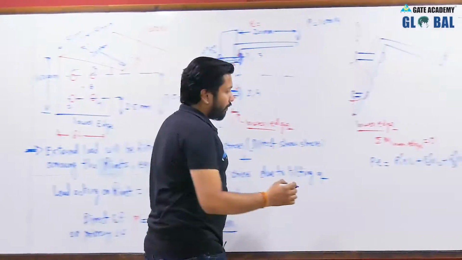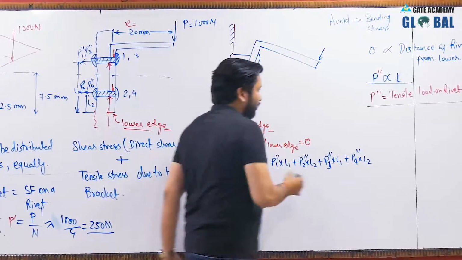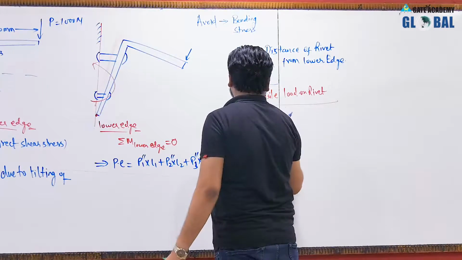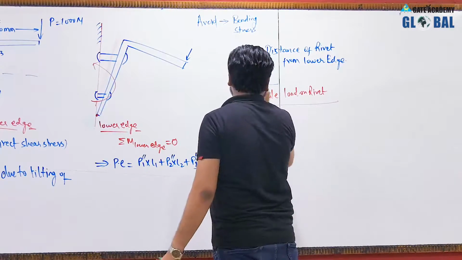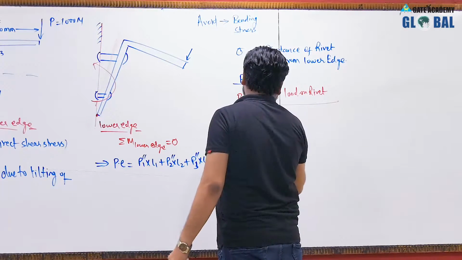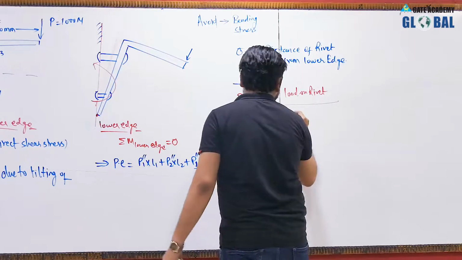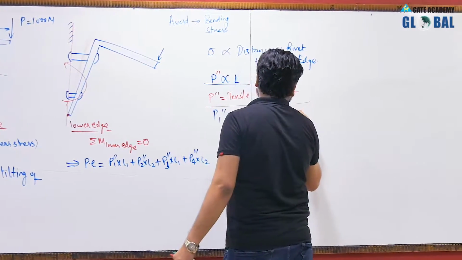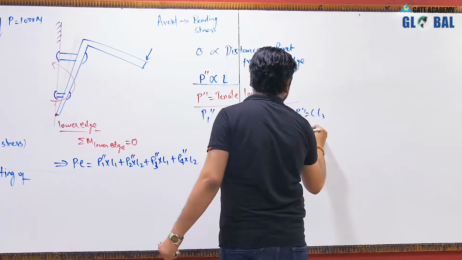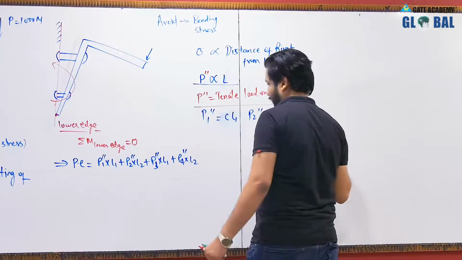P1 double dash is directly proportional to L1. If you remove the proportionality sign, you will have P1 double dash as C into L1, P2 double dash as C into L2, P3 double dash as C into L1, and P4 double dash as C into L2.